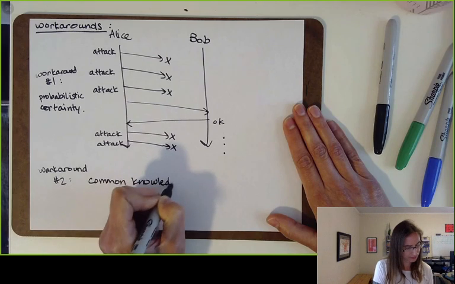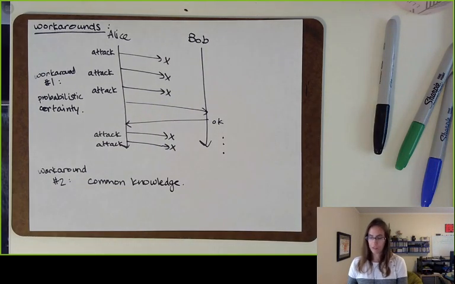So common knowledge just amounts to Alice and Bob having planned out before that they were going to attack at a certain time.